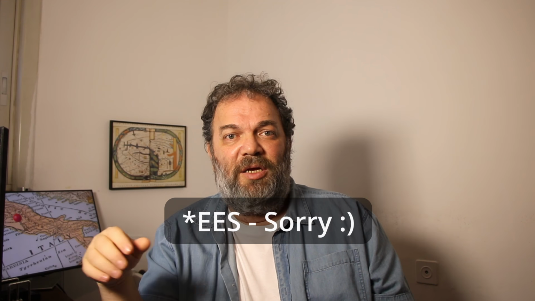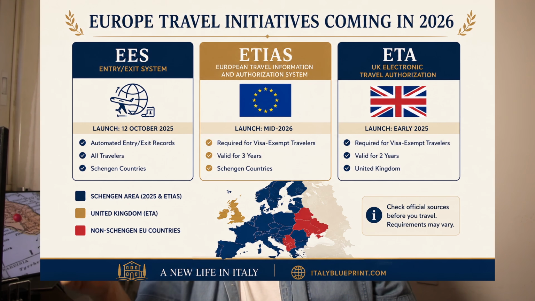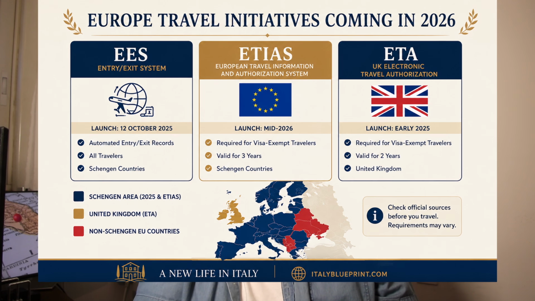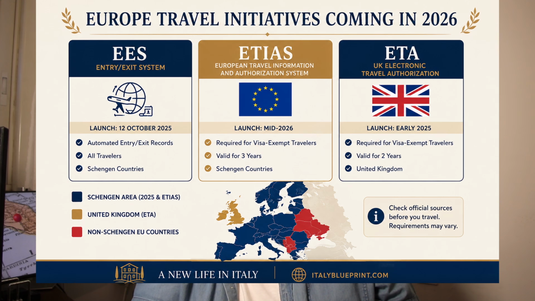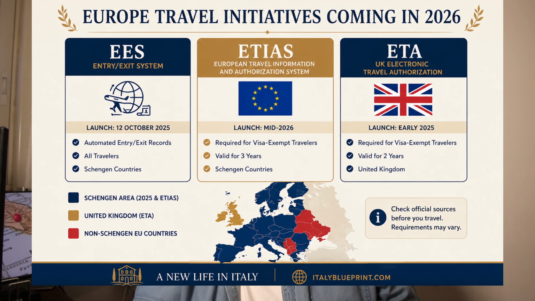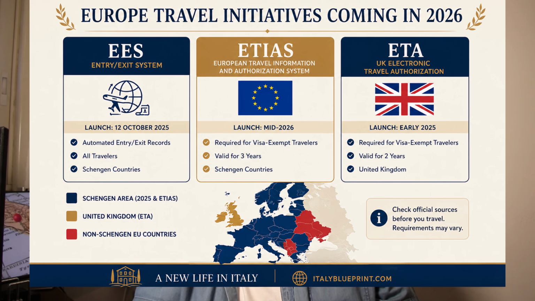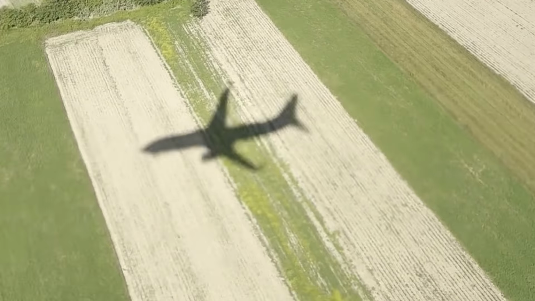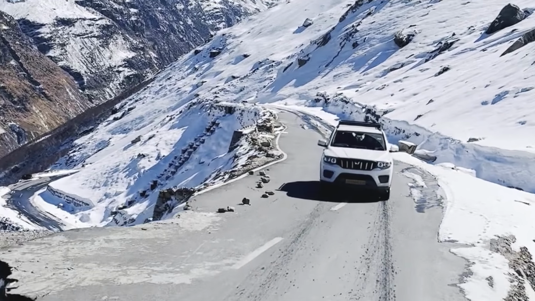That era is ending. The Entry-Exit System, EES, is rolling out across the entire Schengen area. It digitally registers every entry and every exit of every non-EU national, automatically in real time. Every time you cross a Schengen border, by plane, by train, by car, it's recorded.